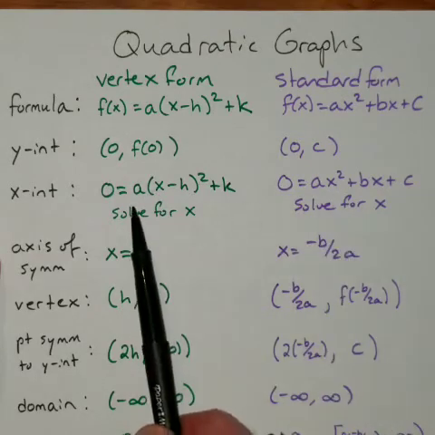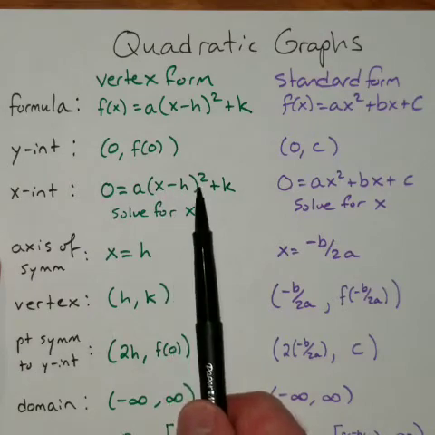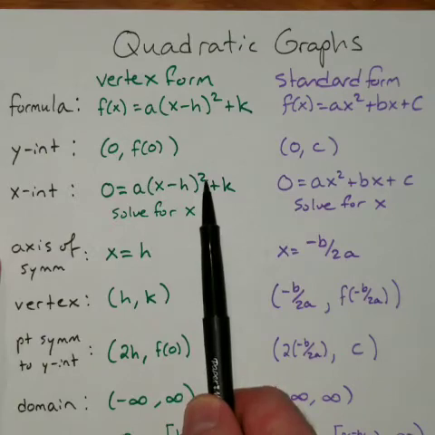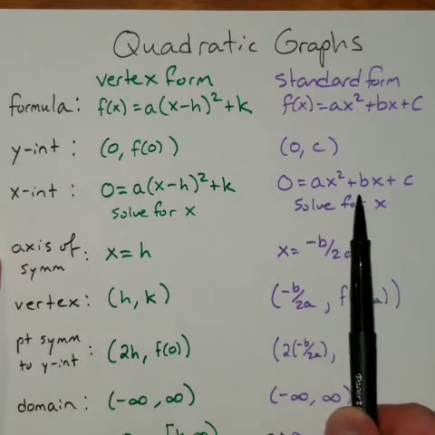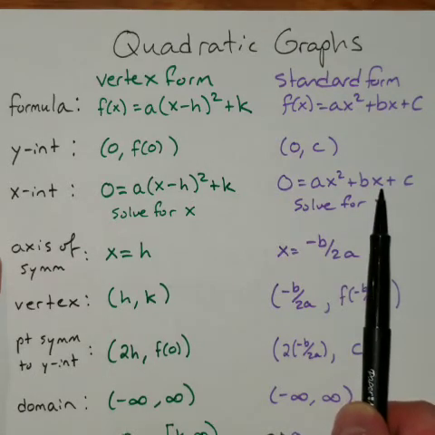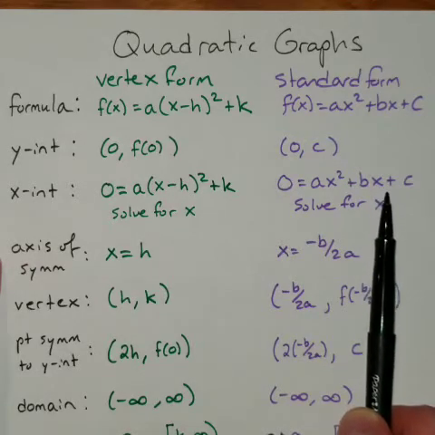Okay. When you're working in vertex form, the easiest way to solve for x is just to isolate this square factor and to use the square root property. When using the standard form, the best way to solve for x could be a variety of things, but I would focus either on the factoring technique or the quadratic formula, whichever one seems easier for the problem.